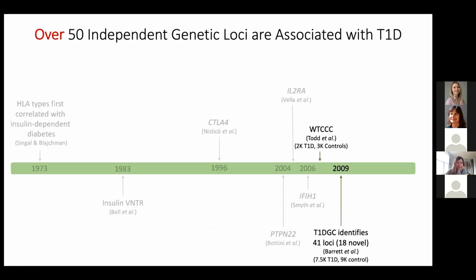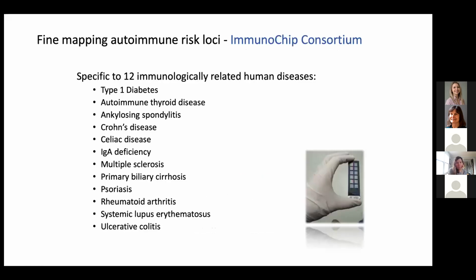from GWAS studies. Sorry. So in the autoimmune community, we were not the only ones facing this challenge. Suddenly we have more than 40 loci, 50 loci to go in and genotype in a very dense array. So what we did is that we brought our forces together with other immune-mediated consortiums and created the Immunochip Consortium.